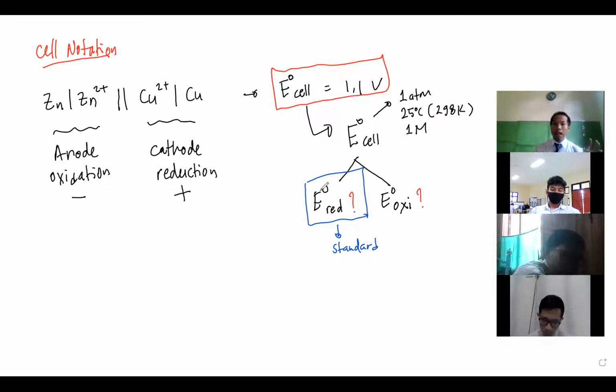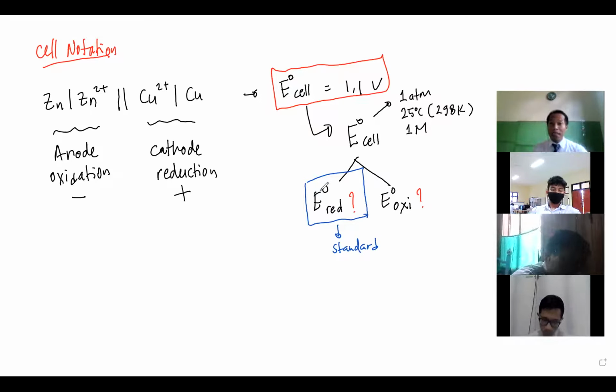One of them must be known as a standard, and then the other can be found. So they choose a standard for this, and the standard is SHE. SHE is the standard, not he, not her.